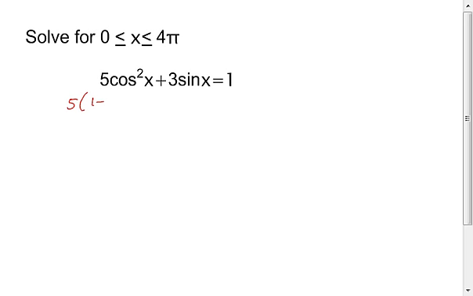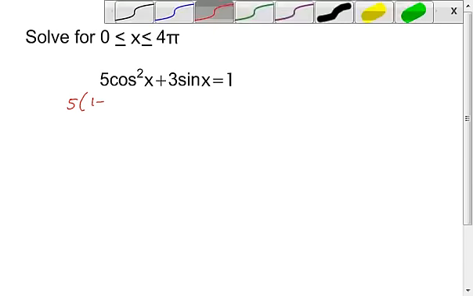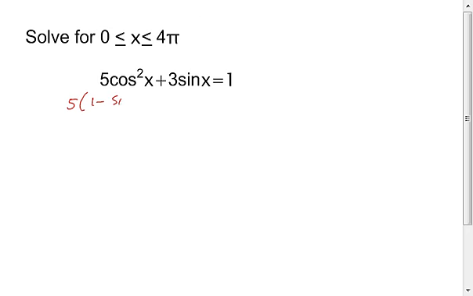Remember that cosine squared is equal to 1 minus sine squared x. Make sure you use parentheses here so that you distribute things and get everything right. Okay, so I get 5 minus 5 sine squared x plus 3 sine x equals 1.